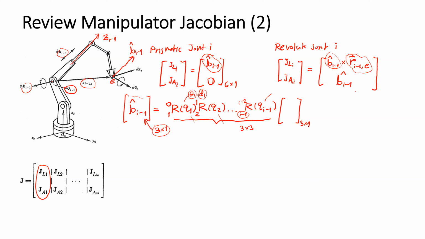We know that in any frame attached to the joint, the unit vector that indicates the z-axis is 0, 0, 1.